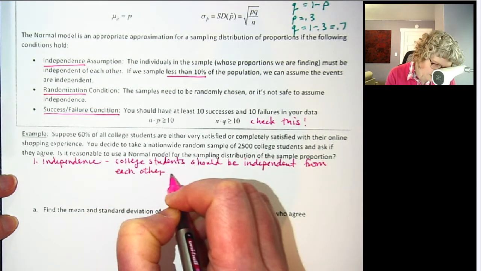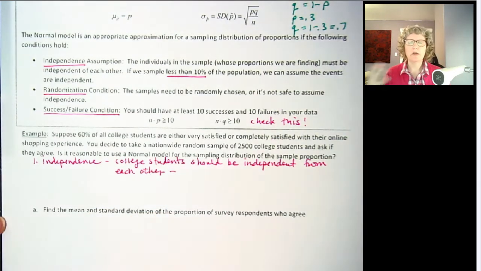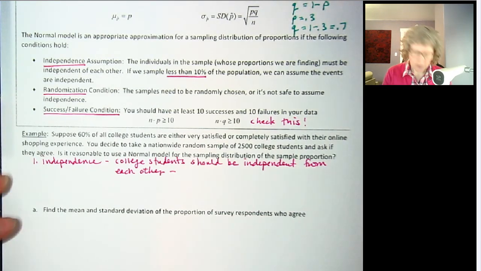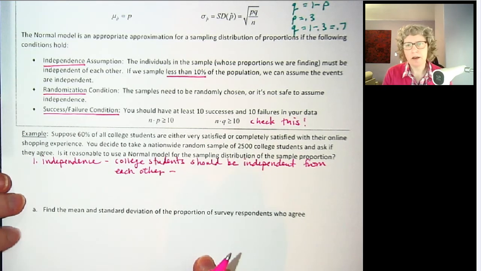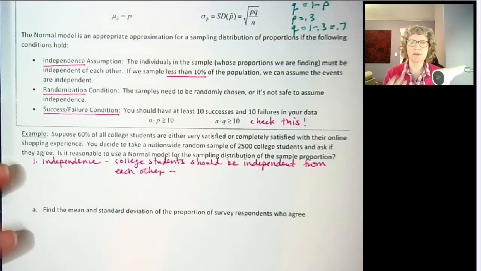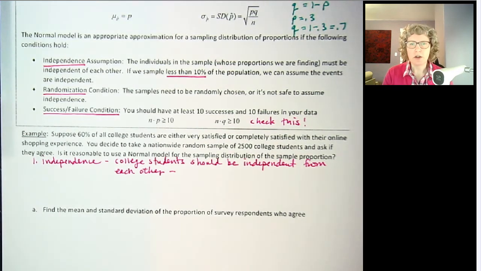What I'm thinking is we should have a variety of private colleges, public colleges, 2-year, 4-year, regions, all those kinds of things to be sure they're independent. We wouldn't want to sample only private college students, because then we wouldn't get an example of all college students, just like we wouldn't want to sample only community college students.